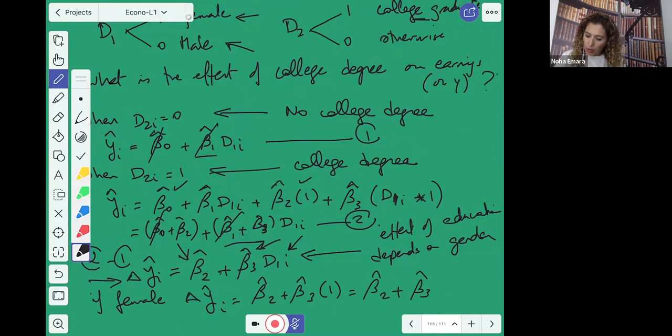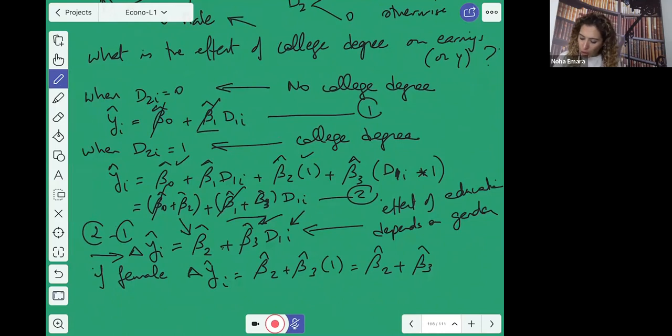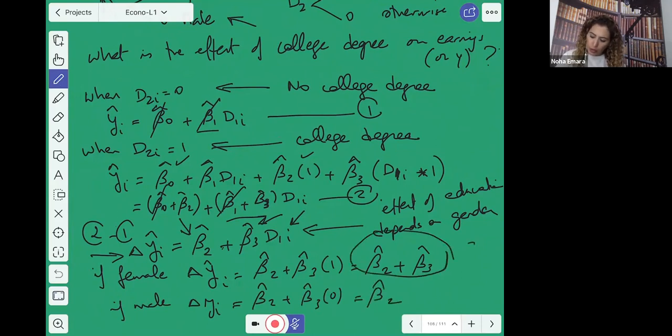And if the person is a male, the change in yi is equal to beta hat 2 plus beta hat 3 times 0, which is beta hat 2. This is the additional amount of dollars for a college degree for a female applicant, and this is for a male applicant. It's in dollars if I'm assuming that y is in dollars. Any questions?